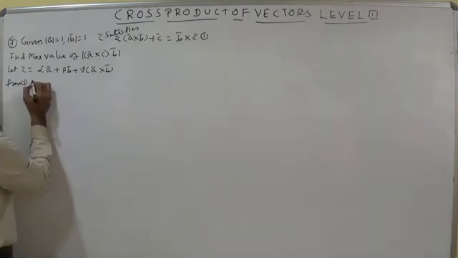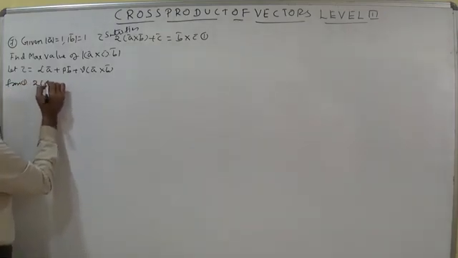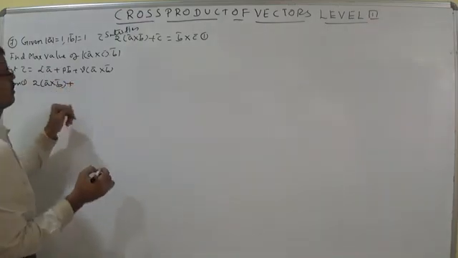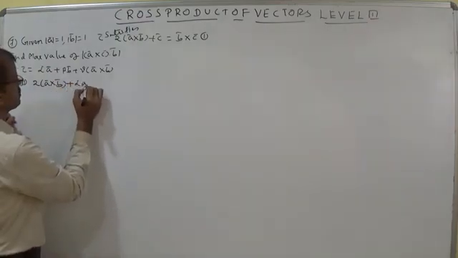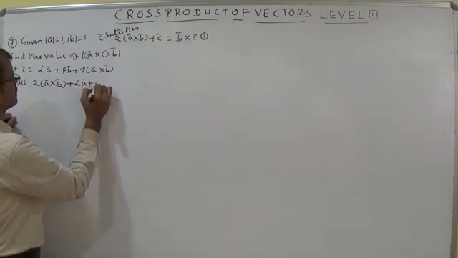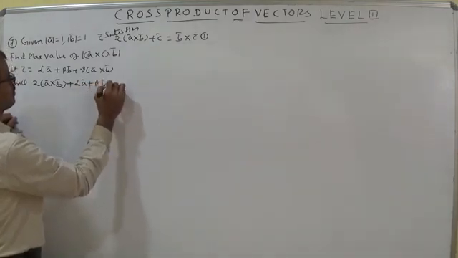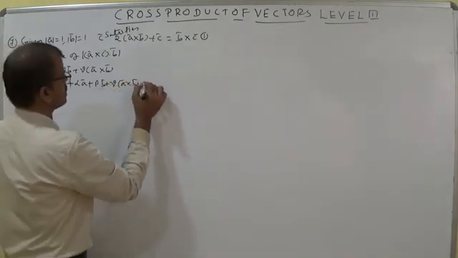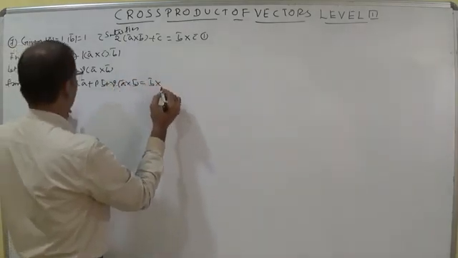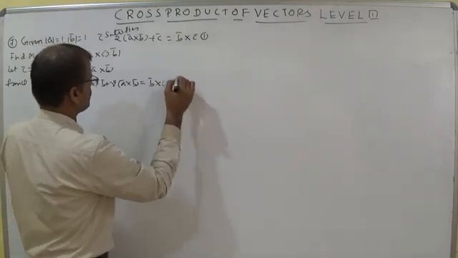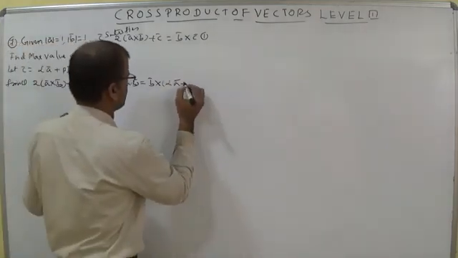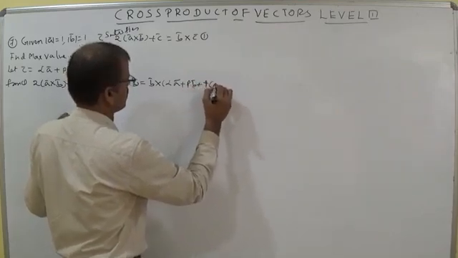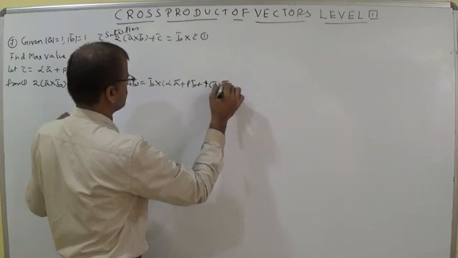From 1 we can write 2 into A bar cross B bar plus C, which here you write as alpha A bar plus beta B bar plus gamma into A cross B, is equal to B cross the full word, you write here alpha A bar plus beta B bar plus gamma into A bar cross B bar.